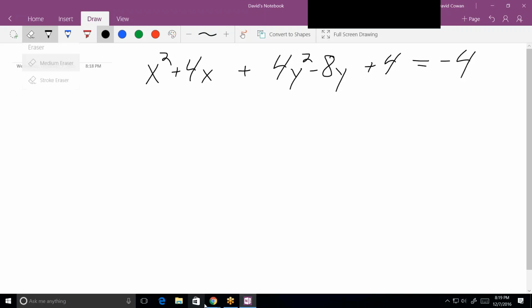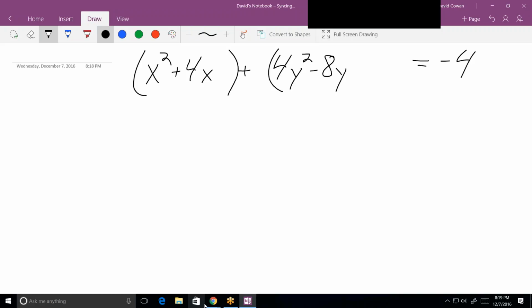Because I'm trying to manipulate this equation into the general equation. Now, for me to turn this into an x minus h squared, I've got to complete the square. So I'm putting parentheses around it, leaving room to complete the square.